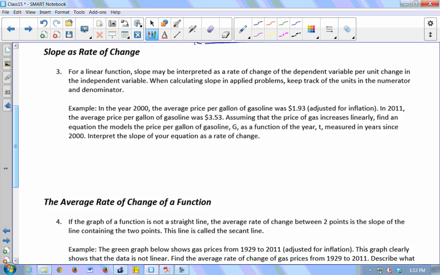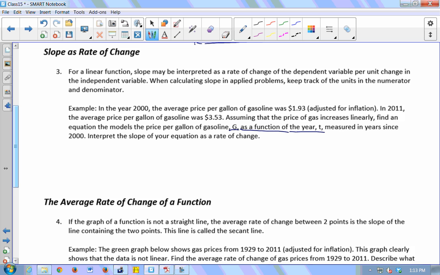Crystal, what do you think? Good. Okay, so $1.93, 0 and 3.53, 11. You're super close, right? But we're measuring gasoline price as a function of year t.